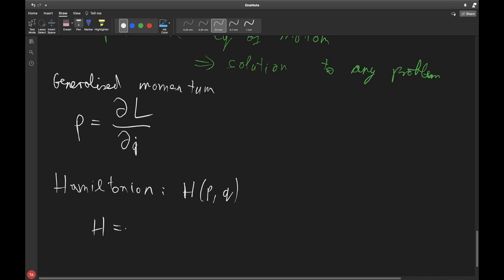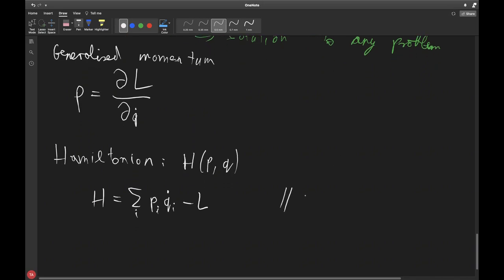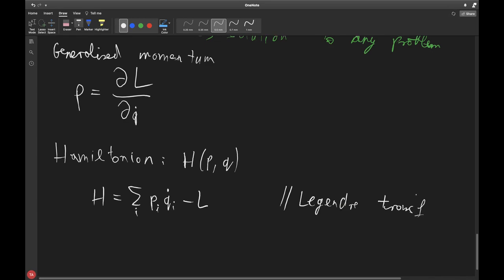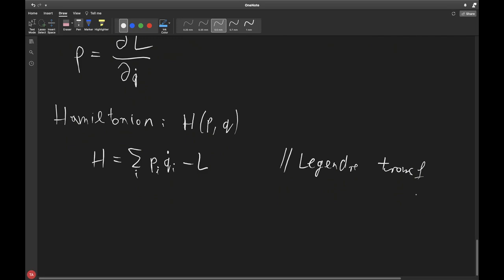So we define the Hamiltonian by doing the sum of p_i q dot_i, so the generalized momentum times the generalized velocity in each direction, minus the L. This, by the way, is also called the Legendre transformation. That's the mathematical direction to go. This is the Legendre transformation of L.